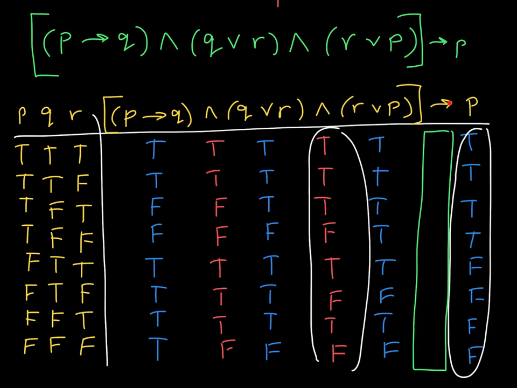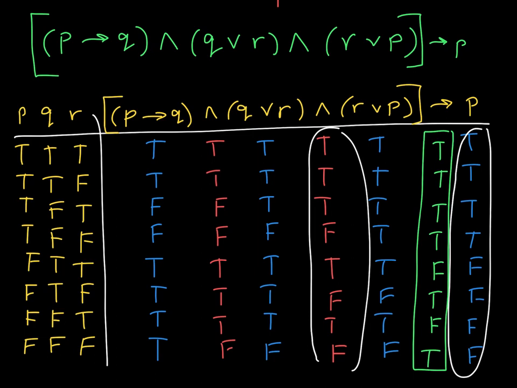And so remember that a conditional statement is true in every single case except for when the antecedent is true and the consequent is false. All right, so then I have true, true, true, true, false, true, false, true.